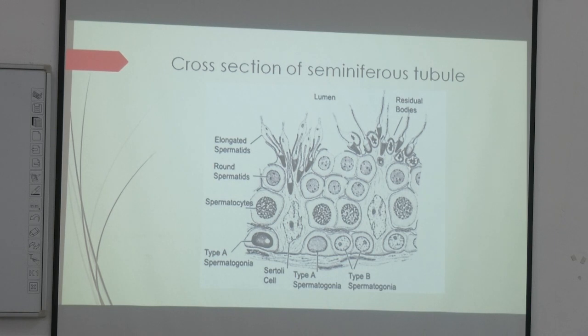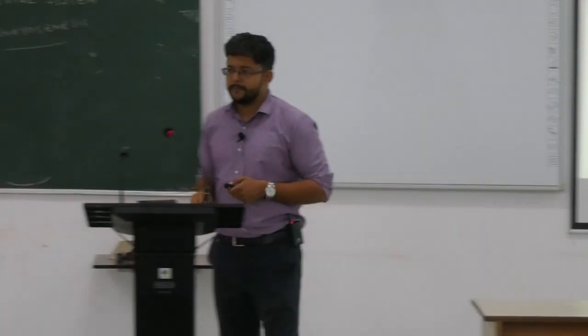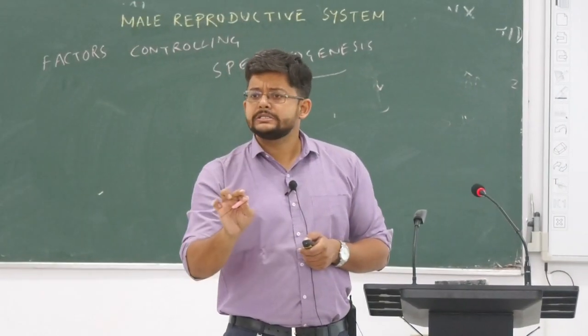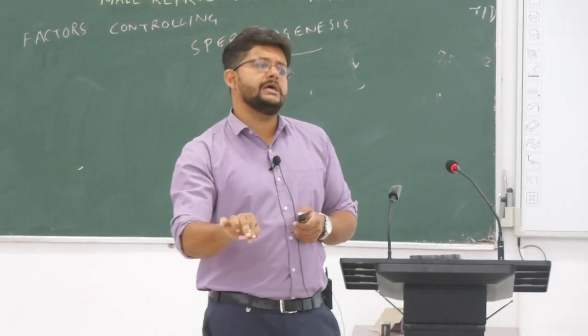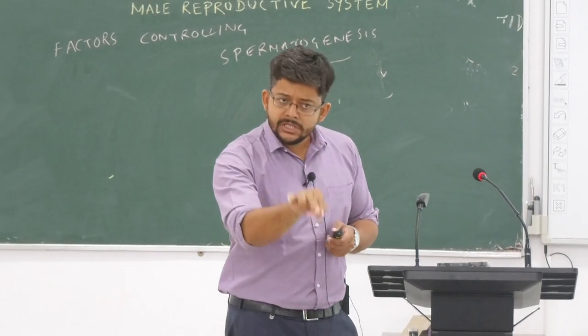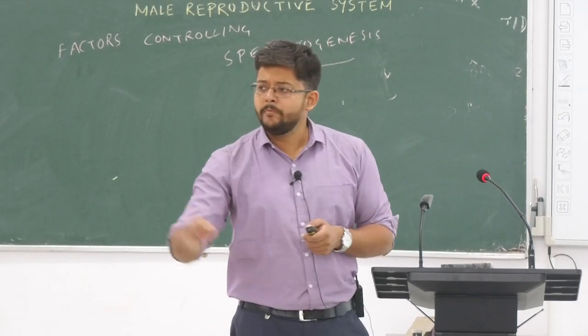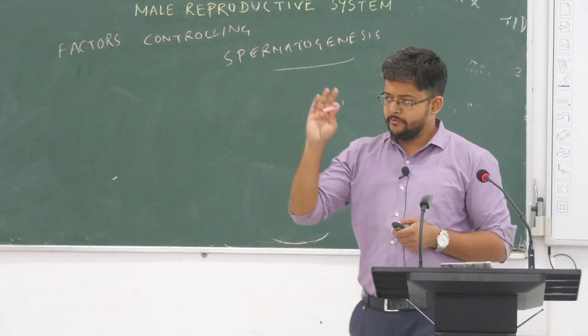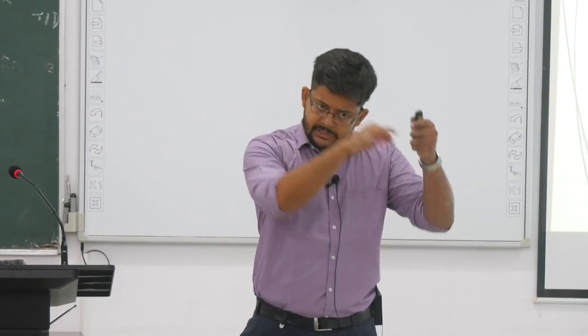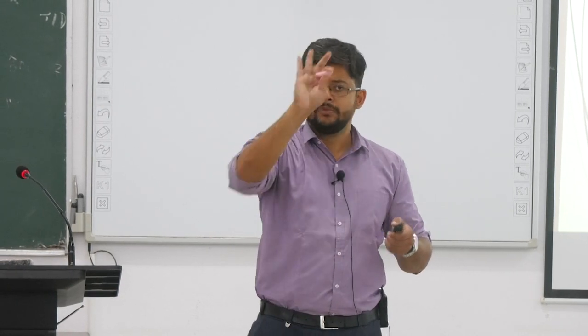So first of all, blood testis barrier is formed by tight junction between adjacent Sertoli cells. One of it, just ছোট ছোট করে লিখে রাখবে, prevents antigenic substances to enter testicular environment from blood.